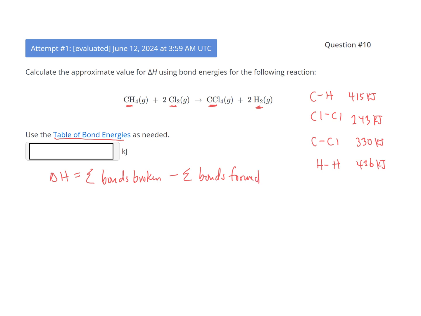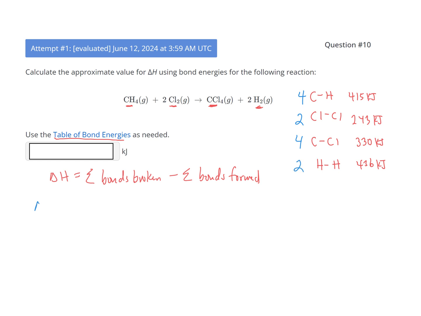And this depends on the number of each bond. So if we take a look at the reaction, we're going to break 4 carbon-hydrogen bonds. We're going to break 2 chlorine-chlorine bonds. And in the process, we're going to form 4 carbon-chlorine bonds and form 2 hydrogen-hydrogen bonds.